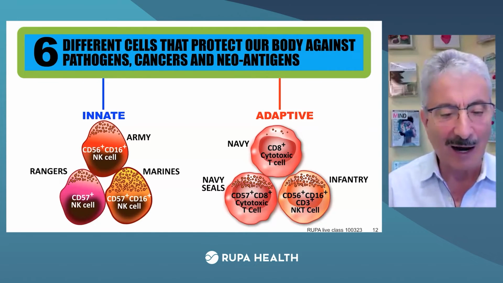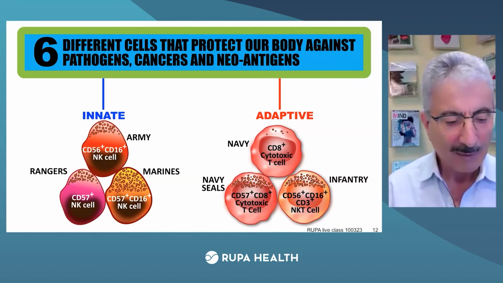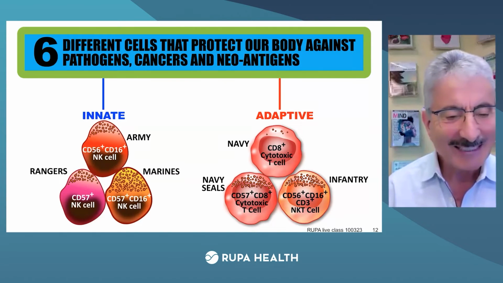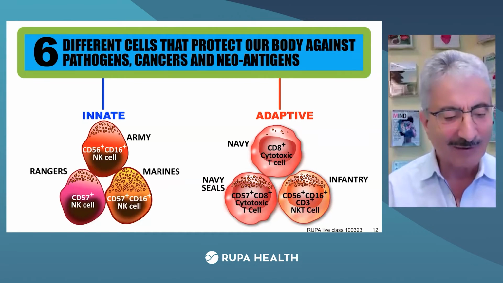They act like the army soldiers in our body. Then we have CD57 as part of the innate immune system, CD57 positive NK cells. They act like rangers, also highly specialized killers.